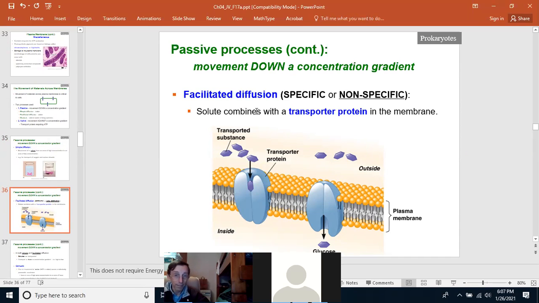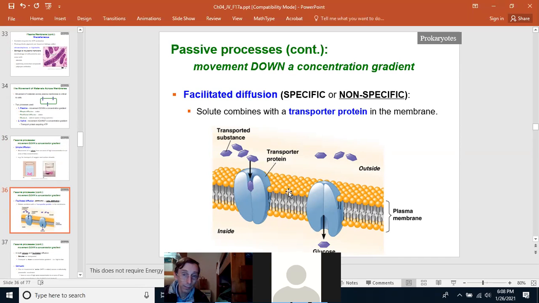And like I said, the best example of this is the fructose facilitated diffusion transport protein. Whenever you have fructose at higher concentration outside of the cell, the fructose can bind to the transporter, and the transporter will then move that molecule inside the cell.